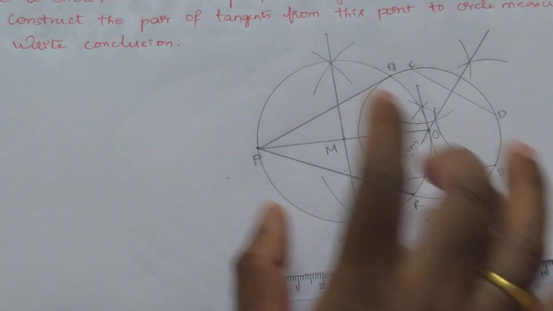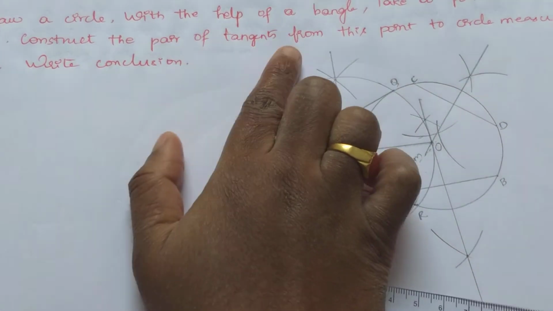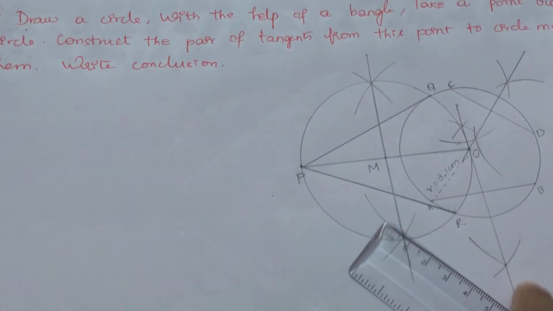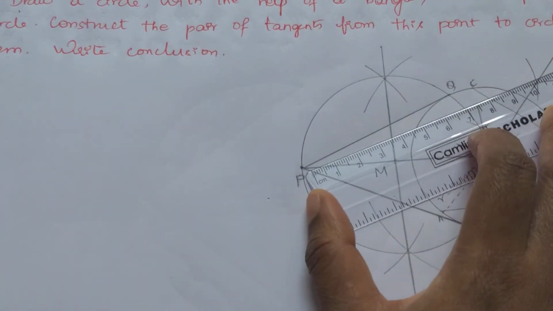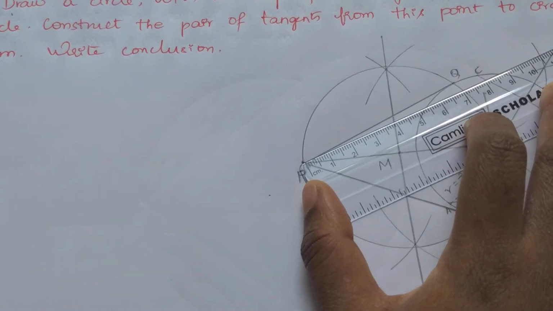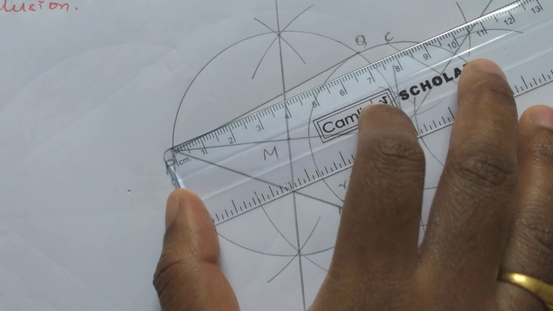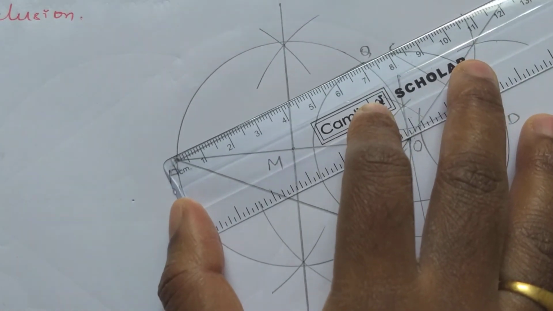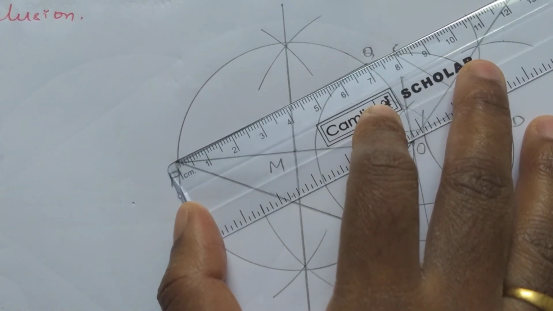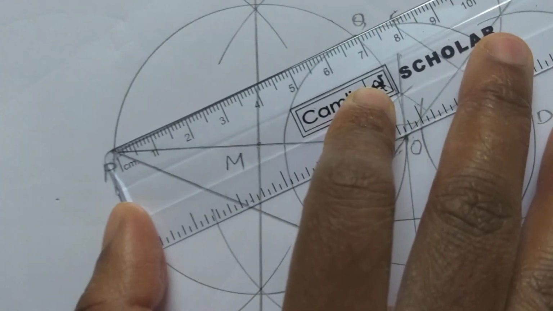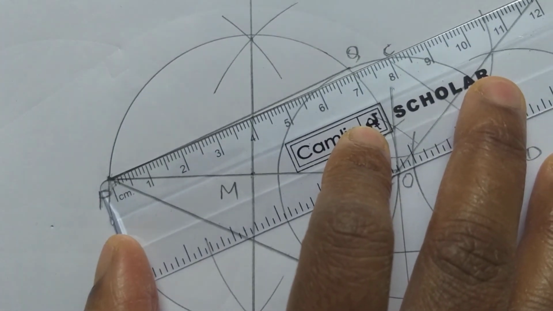After that, what did they ask us to do? Construct the pair of tangents from this point to the circle. Measure them. So first let's measure them with the help of a scale. When you see here, what is the length? From the point P to Q, let me put it correctly. You can see here exactly how much it is.